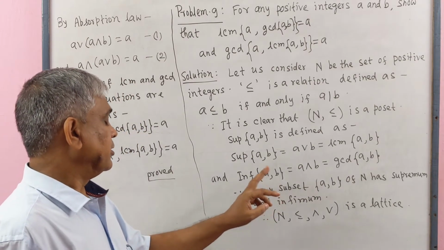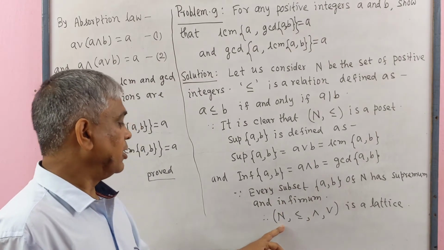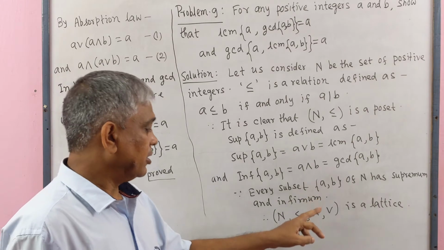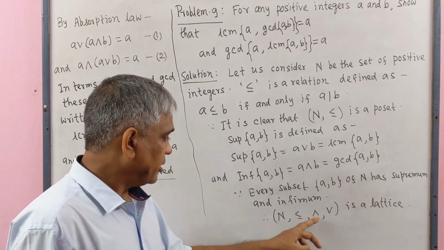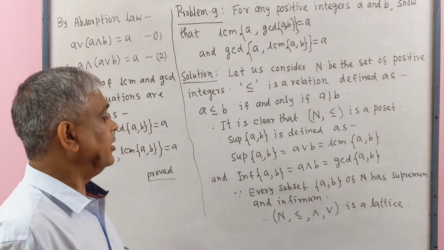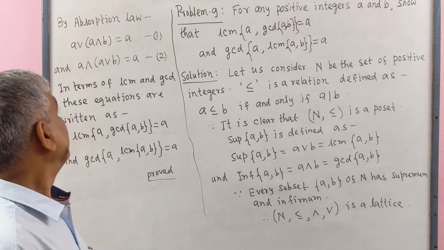Therefore, the set N with the divisibility relation, with meet and join, is a lattice.